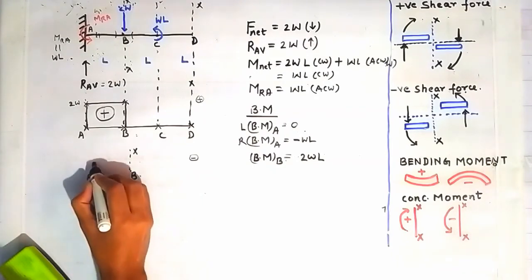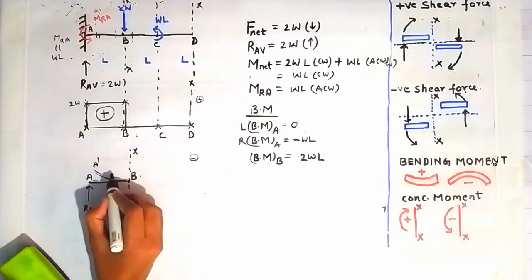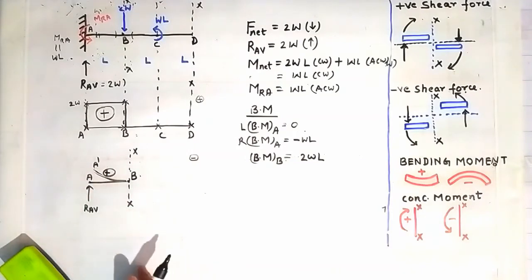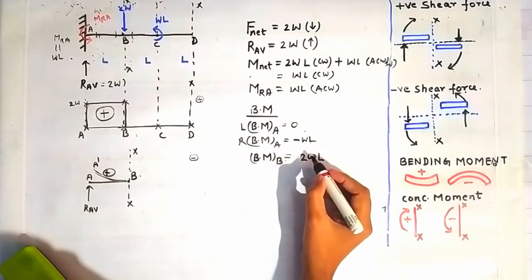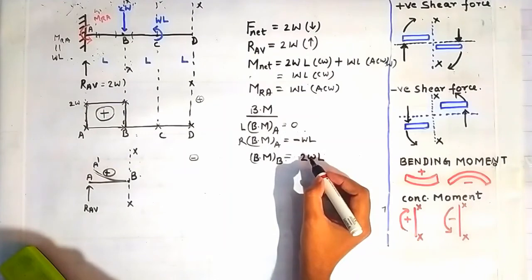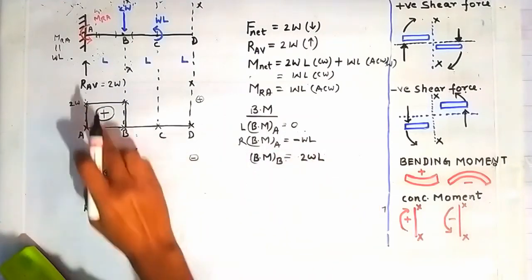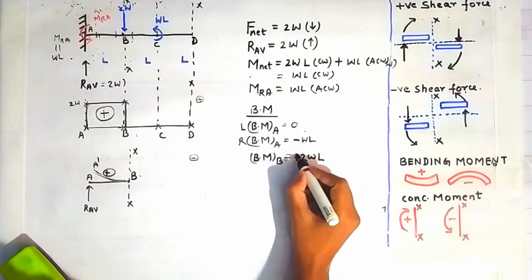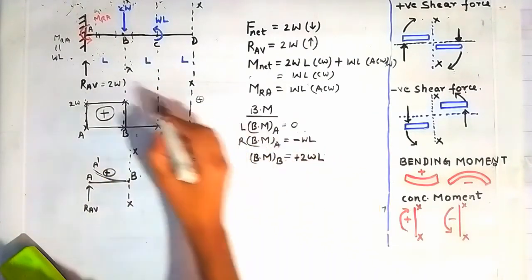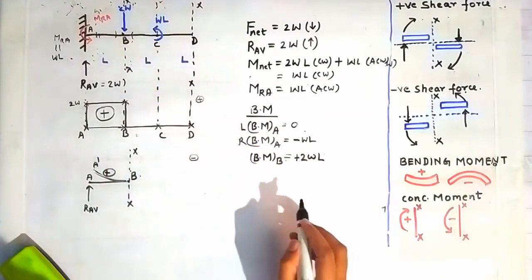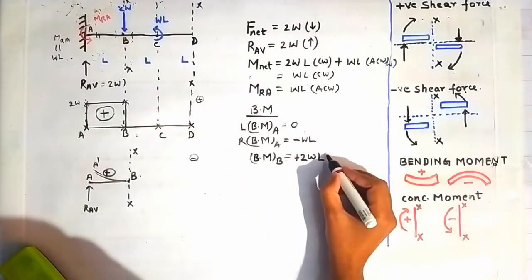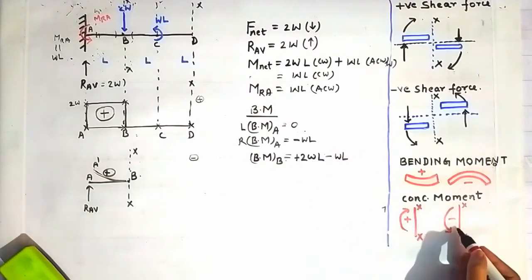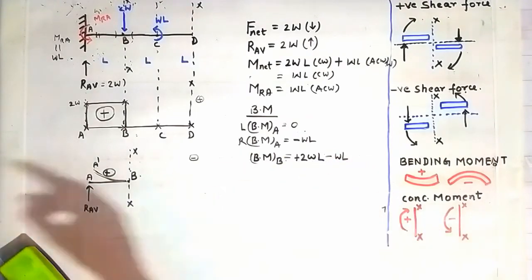Suppose this is A, this will be A dash, and it will create a concavity up like this. That's why it is treated as positive. So the bending moment at B because of this force will be positive with a magnitude 2W into L, and because of this concentrated moment, the bending moment will be minus WL, using the similar sign convention for the concentrated moment.